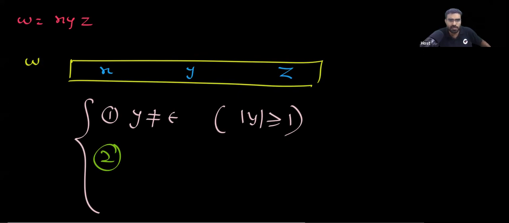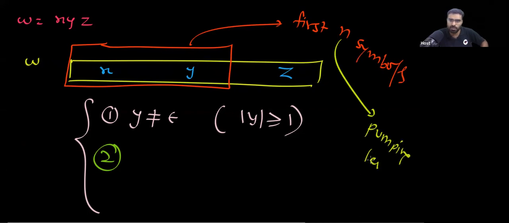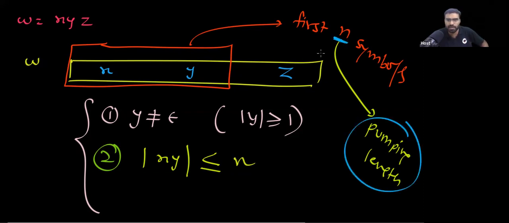I can say in the first n symbols, because n is the pumping length. So XY will be within the first n symbols.